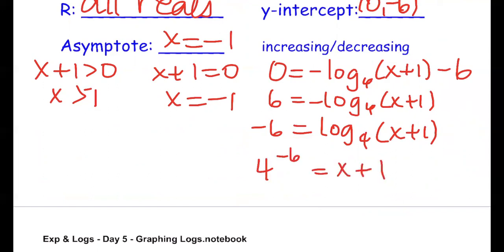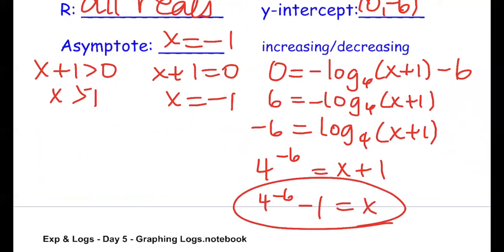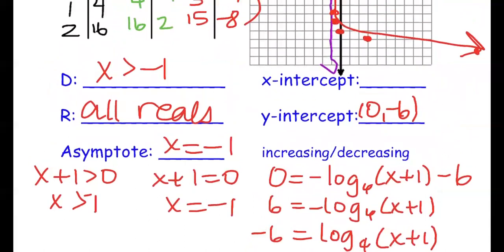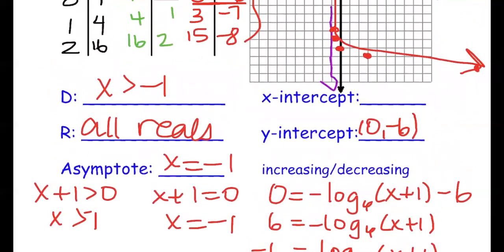If I subtract 1 from both sides, 4 to the -6 minus 1 is the x part of my x-intercept. It's really tiny, right? 4 to the -6 power is 1 over a super big number, and then I'm subtracting 1 from that. So I'm going to leave that as my x value: 4 to the -6 minus 1, 0.